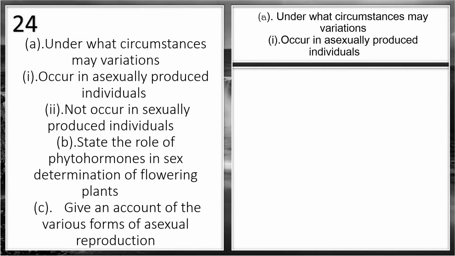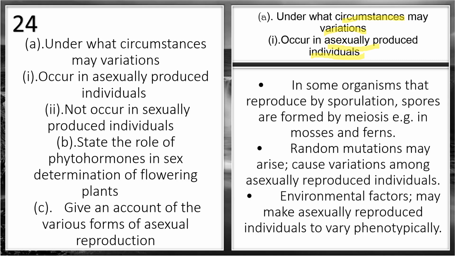Part A. Under what circumstances may variation occur in asexually produced individuals? In some organisms that reproduce by sporulation, the spores are formed by meiosis, for example, mosses and ferns.